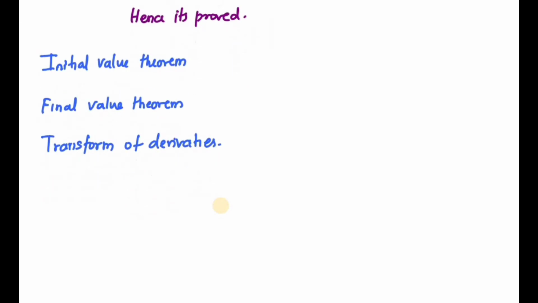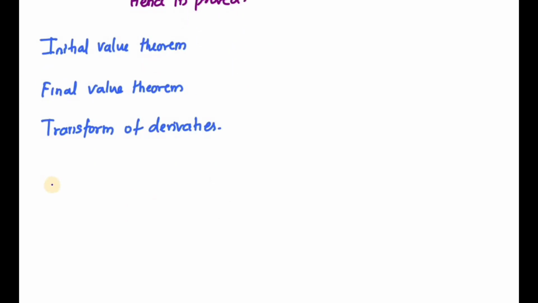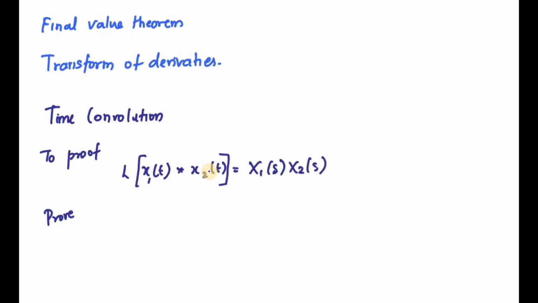The next one is time convolution. To prove that the Laplace of the convolution of x1 of t and x2 of t is equal to X1 of s times X2 of s.